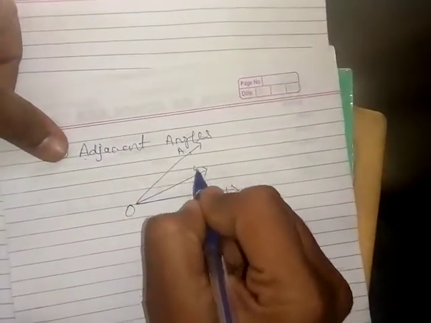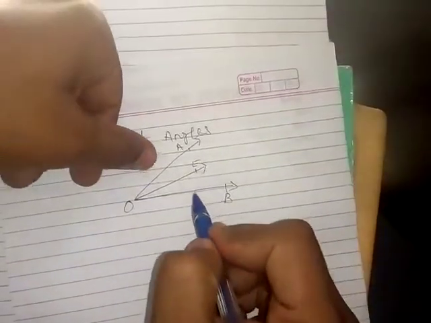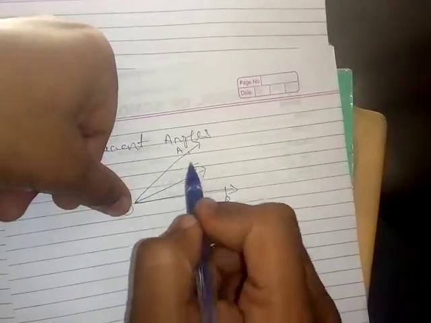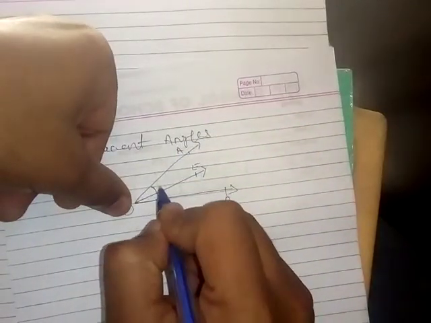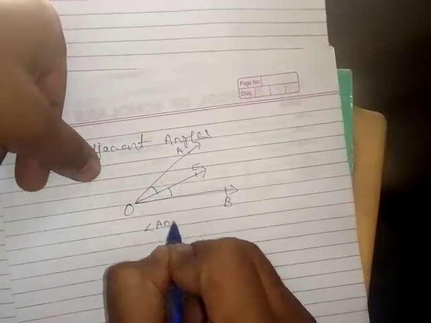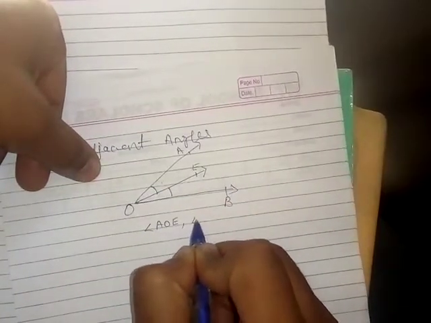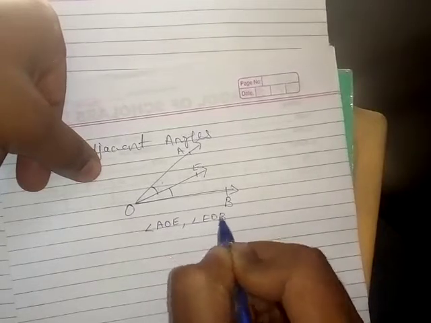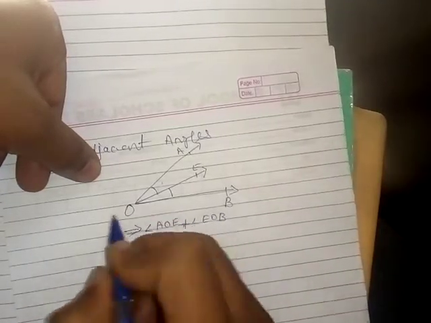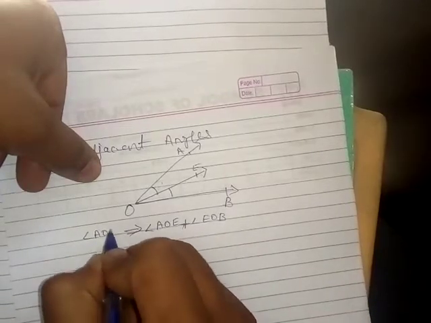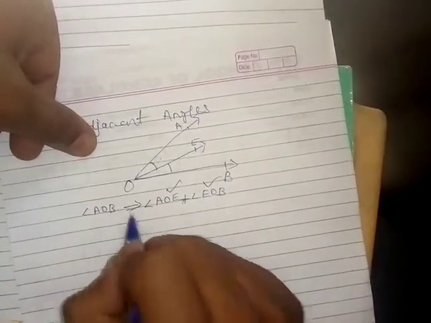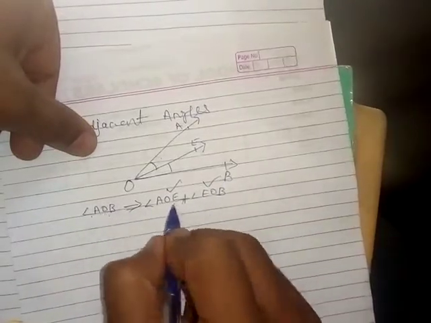So if a third ray is drawn, two angles are formed, angle AOE and angle EOB. These two angles are formed within AOB, and they are called adjacent angles of each other. These two angles' sum is angle AOB.